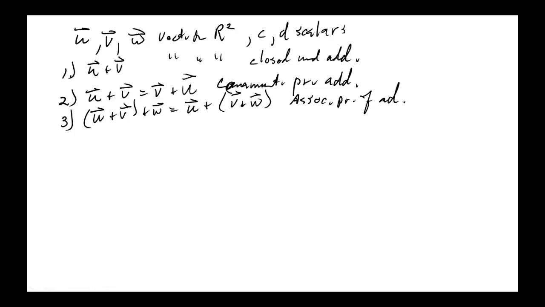And this one we saw illustrated earlier, number 4, is that U plus the 0 vector, you only add vectors to vectors, produces U. And that's the additive identity property.